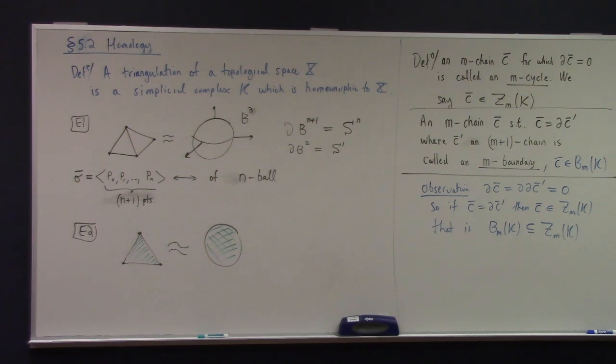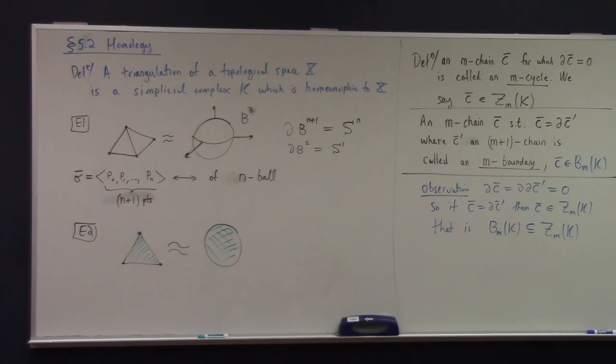The notation would be something like Z-bar 1 is equivalent to Z-bar 2 when Z-bar 1 minus Z-bar 2 is an element of the boundary of some C-bar.